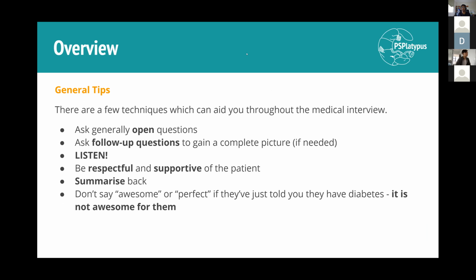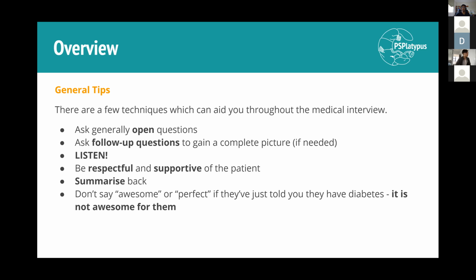If you ask closed questions, like 'Do you have a stabbing pain here?', and they say no to all of these, but they have something else which they know is an issue, but they weren't able to tell you because you didn't ask the right question, then you fail to get that information. So you want to ask open questions in general, and then ask follow-up questions based on what popped up during the initial questions.